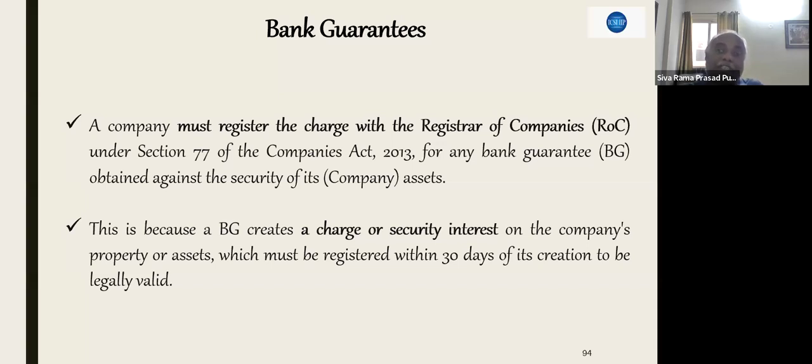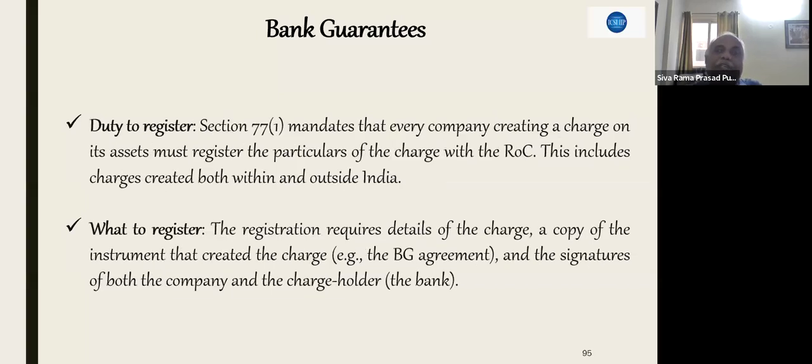A company must register a charge with the ROC for a bank guarantee obtained against the security of the company, because a bank guarantee creates a charge or security interest on the company's property, which must be registered within 30 days of its creation to be legally valid. So within 30 days, that is to be registered.